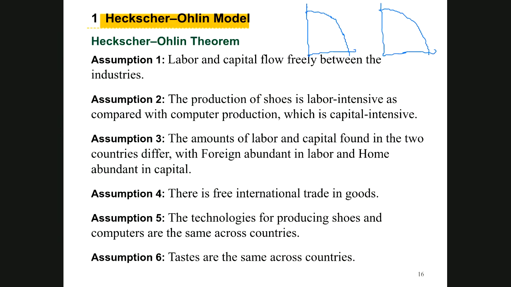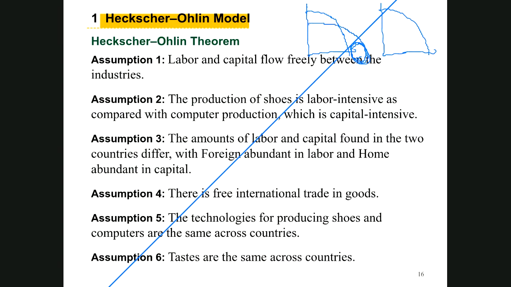But in the Heckscher-Ohlin model, if the country is, for example, labor intensive, and on the horizontal axis the good is the capital intensive good, the country's PPF will skew toward the vertical axis.